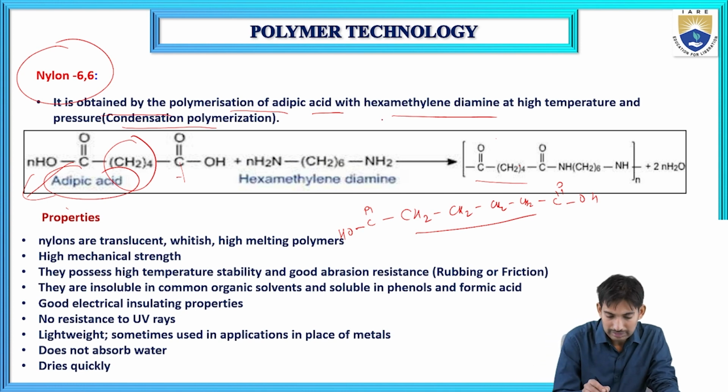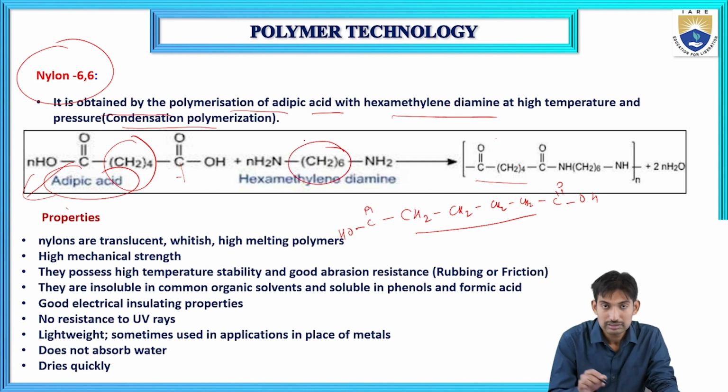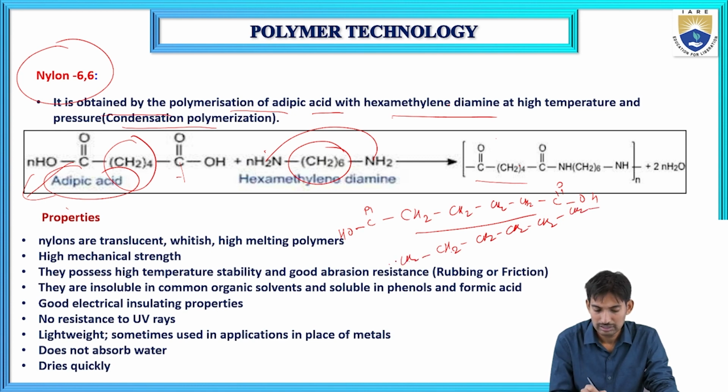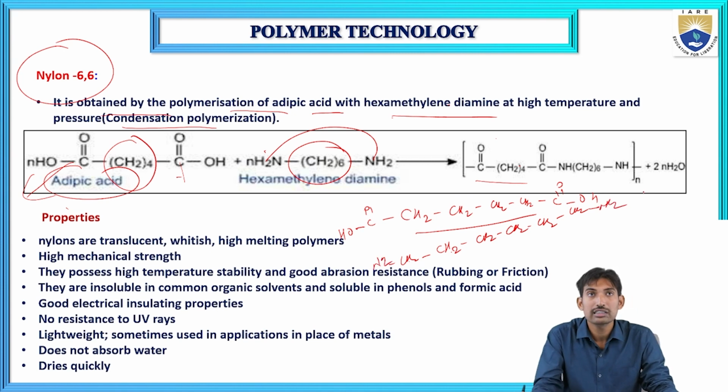And what is hexamethylene diamine? Hexamethylene means 6 methylene groups, and 2 amines, that is diamine. The formula is H2N-CH2-CH2-CH2-CH2-CH2-CH2-NH2. This is the structure of hexamethylene diamine.